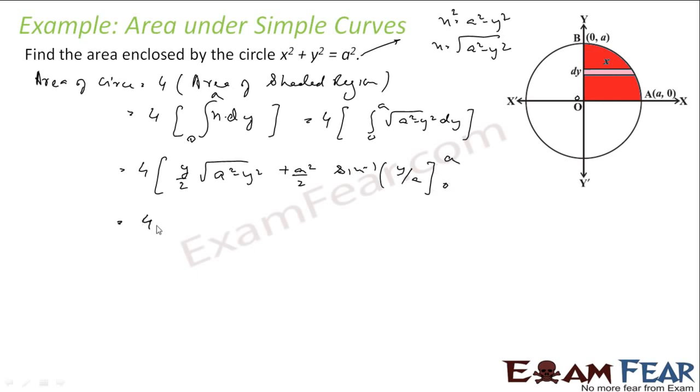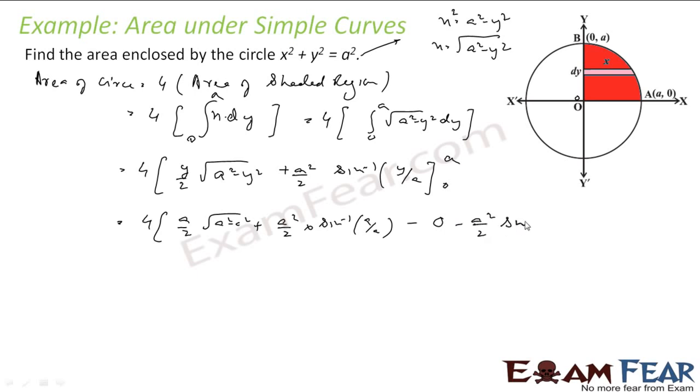So if you solve the values, you get the same answer actually. This becomes a by 2 root a square minus a square plus a square by 2 sine inverse a by a, minus, this becomes 0, and this becomes a square by 2 sine inverse 0. So this guy is 0, this guy is 0, and this guy is also 0, a square minus a square.